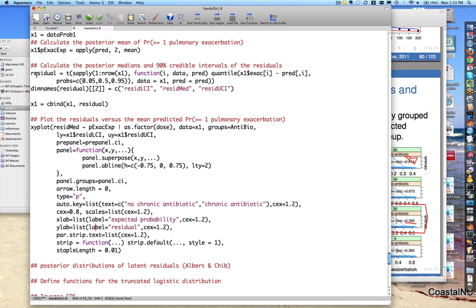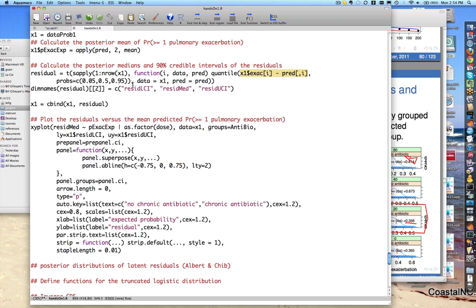Okay, so we do that, and then I calculate the residuals. So that's right in here. Well, I actually calculate the 5th, 50th, and 95th percentiles of the residuals. You can see embedded right over here is where I take the observed values for exacerbation and subtract from it our predicted values, or in this case really our probabilities.